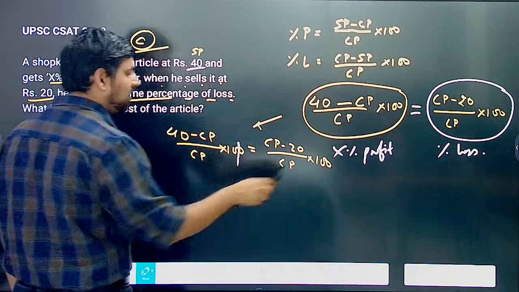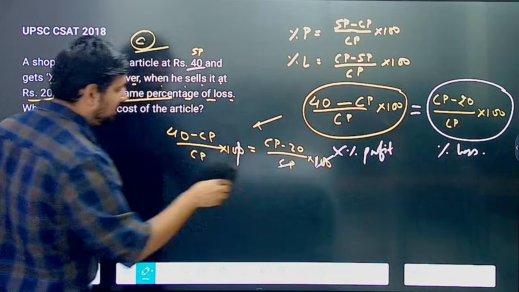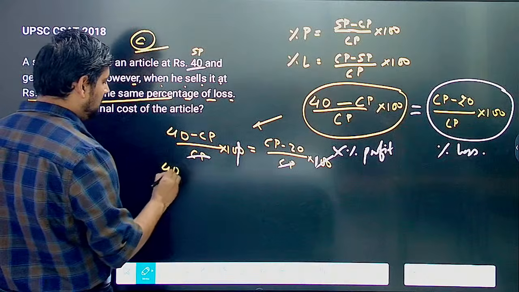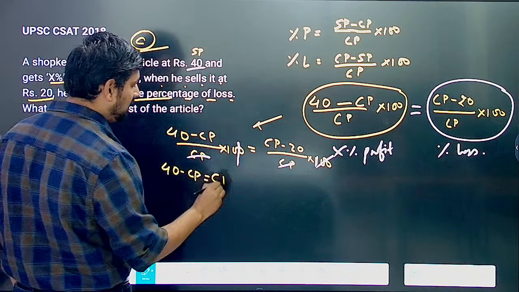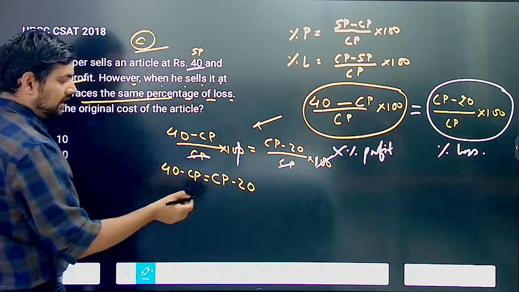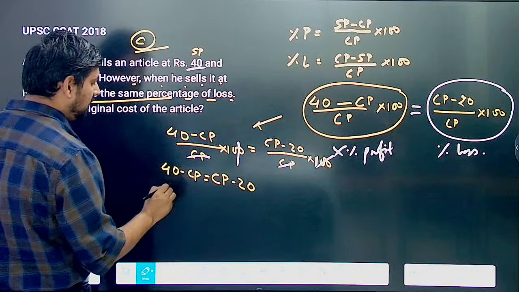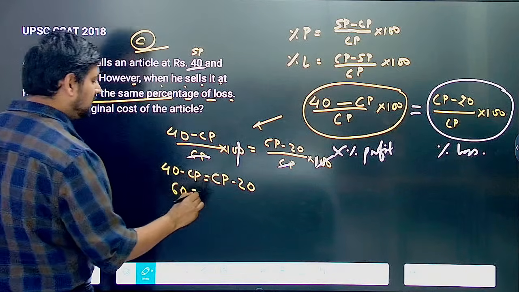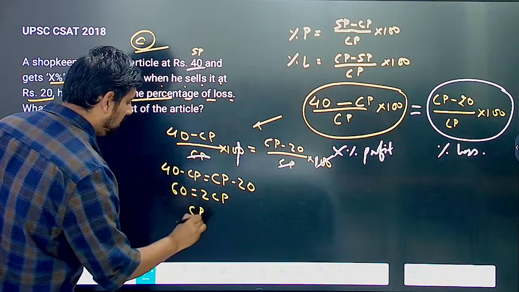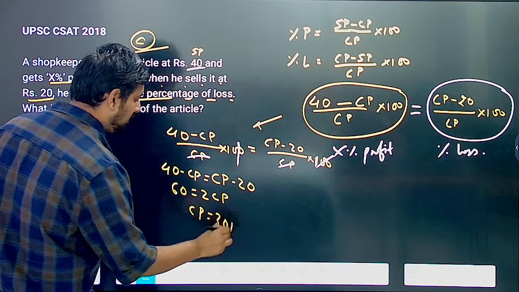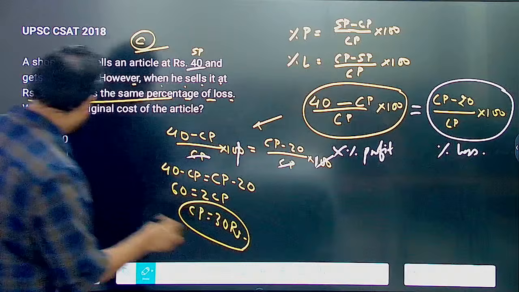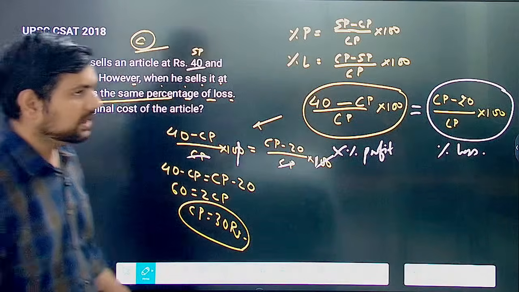Just start cancelling out, 100 cancels, CP cancels, what remains? 40 minus CP is equal to CP minus 20. Now 20 you can send here, CP you can send here. So 40 plus 20, 60 is equal to 2 CP, or CP is equal to 60 by 2, that is 30 rupees. Answer becomes C, 30 rupees.